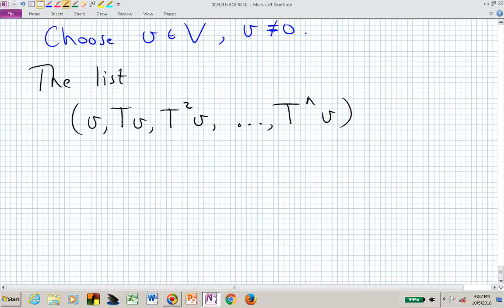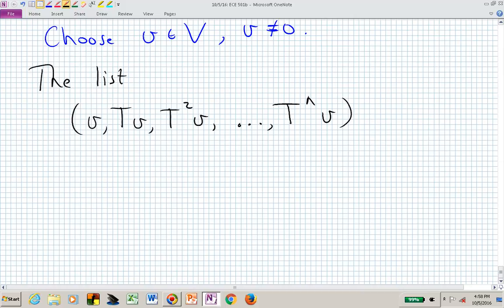If little n is 10, how many vectors are in that list? 11. So we actually have n plus 1 vectors in that list, and it's living in an n-dimensional, or 10-dimensional, vector space. So what do we know about those vectors? If we have 11 of them and they're in a 10-dimensional vector space, they're linearly dependent, aren't they?